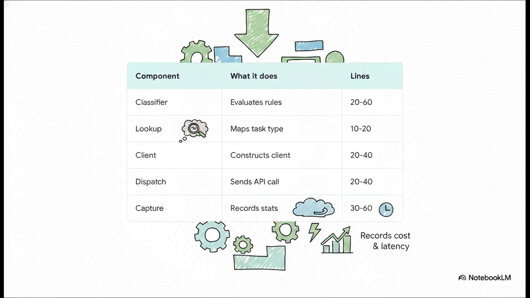Then, the client builder constructs the client. Fourth, the dispatch and call component actually fires off the API request. And finally, observability capture steps in to record the route, the cost, the latency, and the output. Honestly, if you add all that up, we are talking about maybe 150 to 200 lines of code in total. The complexity lives in your rules, you guys, not in the machinery of the router itself.